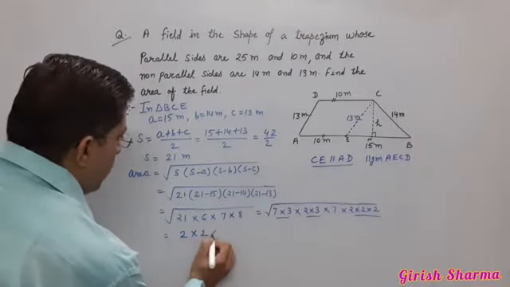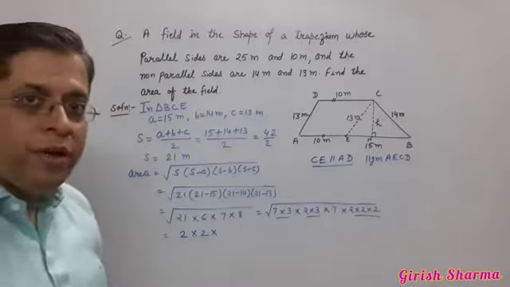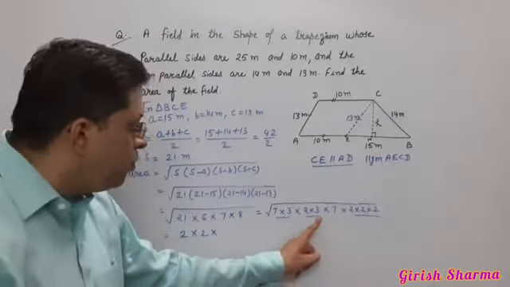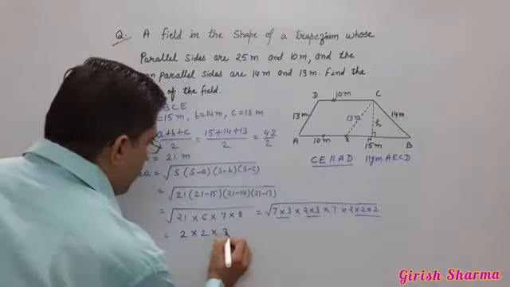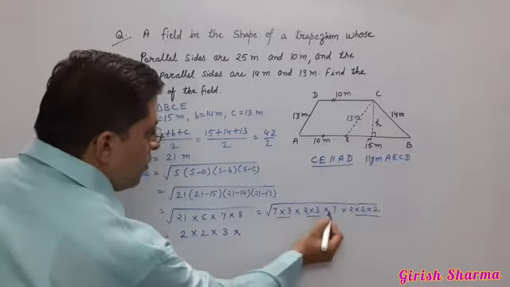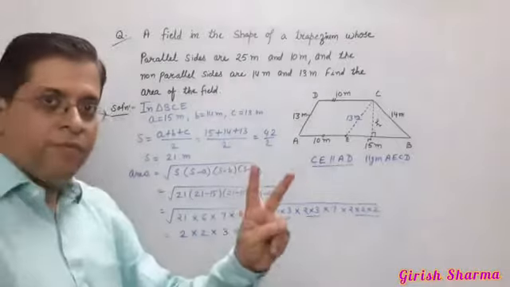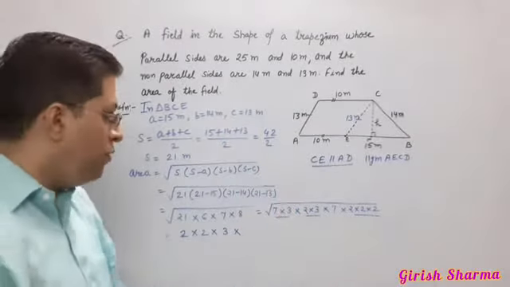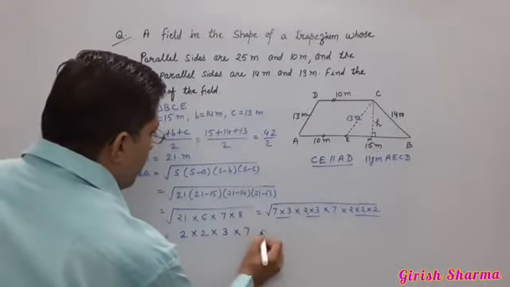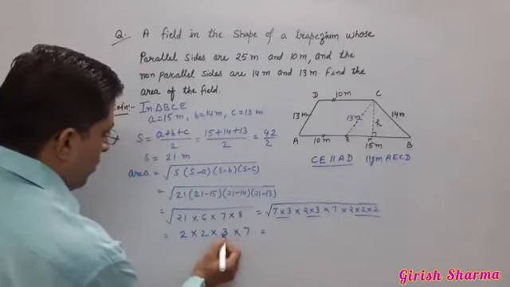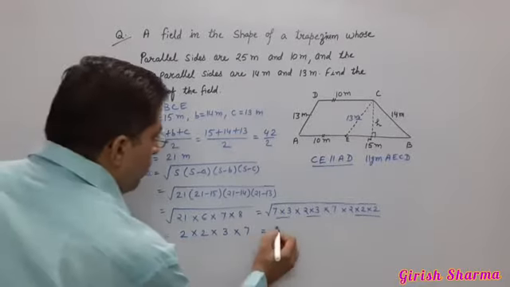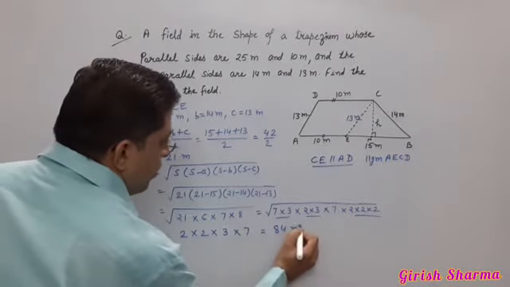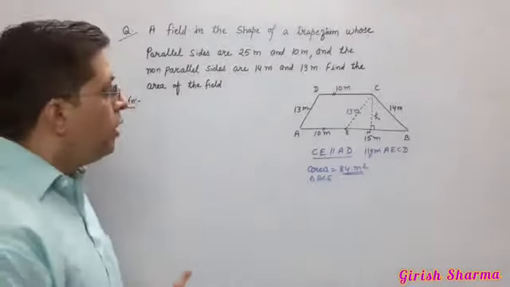Now see how many times 3? 1 and 2. If I take the square root, then only 1 time 3 will come. How many times 7? 2 times. If I take the square root, then only 1 time 7 will come. 7 3s are 21, 21 2s are 42, 42 2s are 84 meters square.